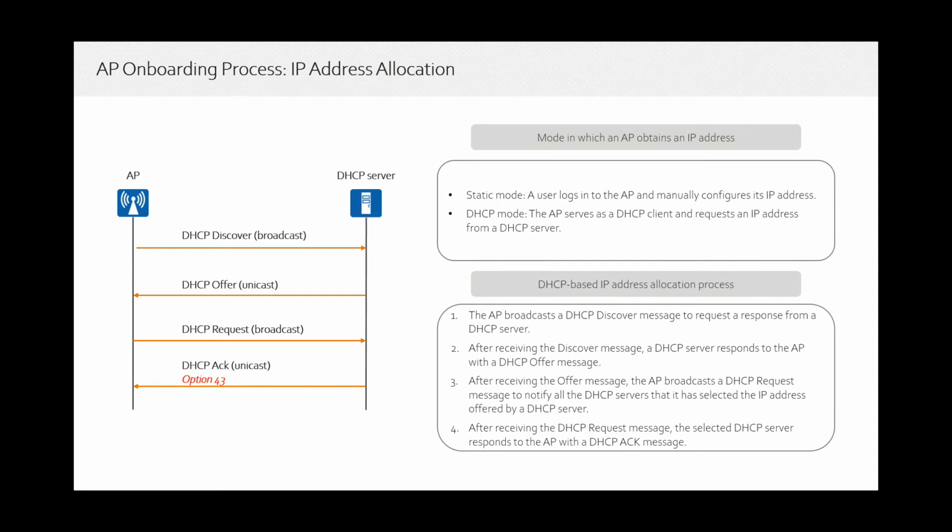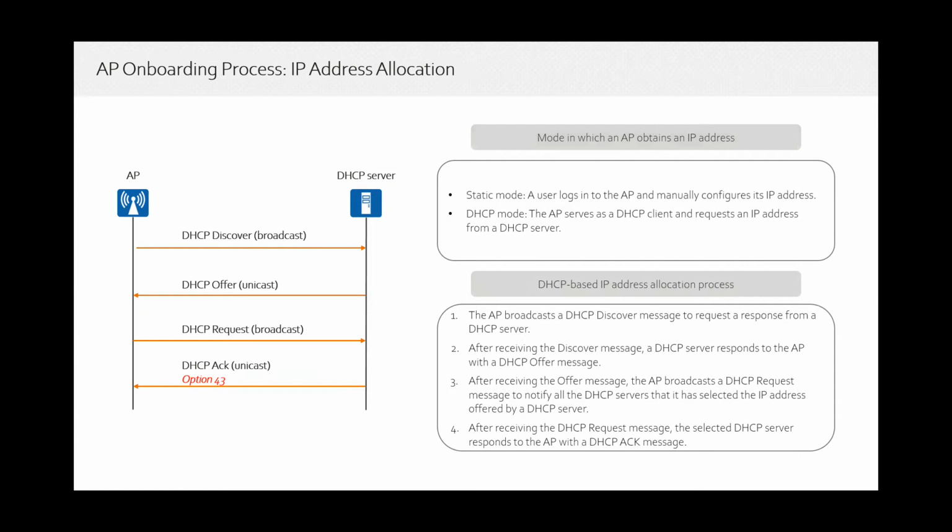That is through DHCP. In the DHCP mode, the AP dynamically obtains an IP address from a DHCP server. As shown in the figure on the left, the AP broadcasts a DHCP Discover message to request a response from a DHCP server. After receiving the message, a DHCP server responds to the AP.